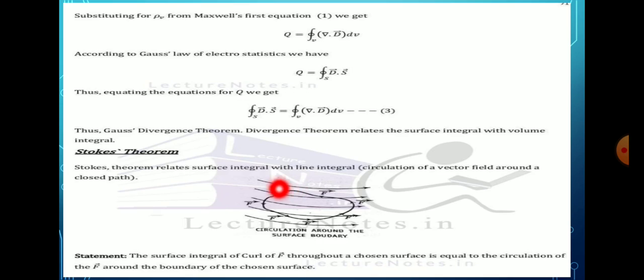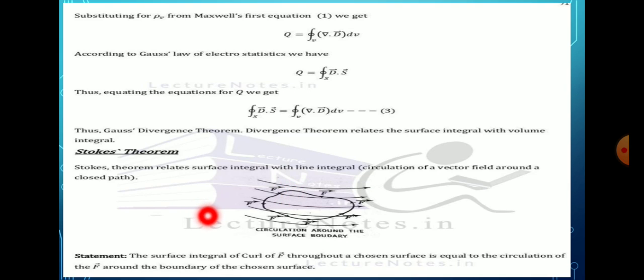Here the vector F bar at each point in a vector field. These curved lines are the vector field, and the vector F bar at each point of the surface; the sum of all those curls within any chosen surface will be equal to just the circulation of F bar around the boundary of the chosen surface.